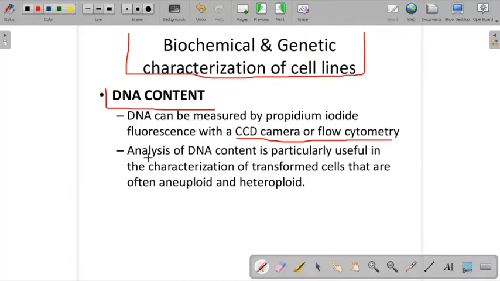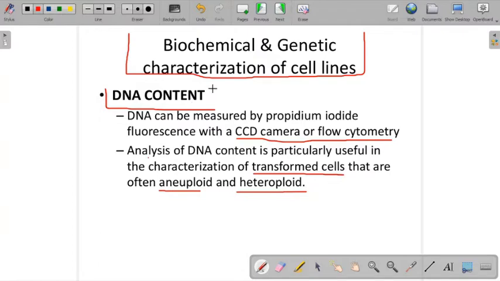DNA content. The analysis of DNA content is particularly useful in the characterization of transformed cell lines or transformed cells that often go with the aneuploidy or heteroploidy condition. Aneuploidy and heteroploidy conditions are chromosome numbers that deviate from the diploid, triploid state or a single state like the haploid state.